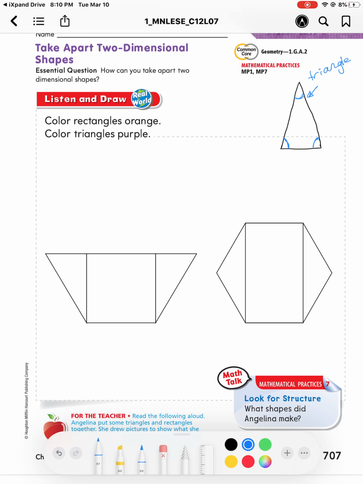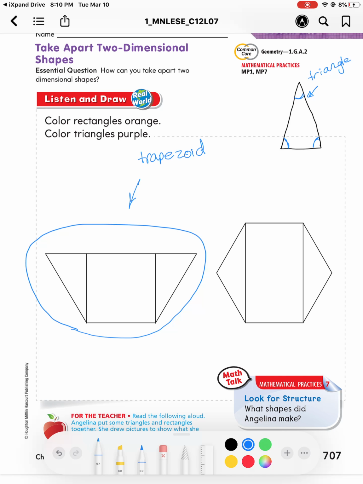So now let's look at the two shapes that Angelina created. Now the first shape is, do you remember what this shape is? It is a trapezoid, okay?